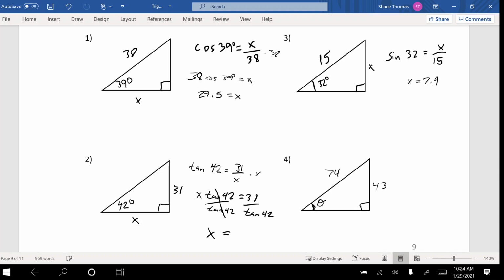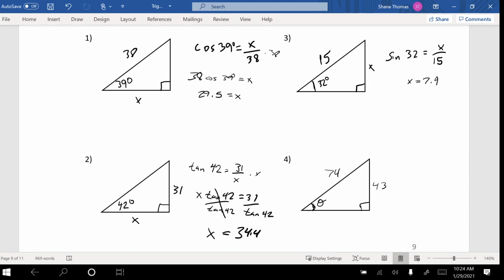So now x is equal to 31 divided by the tangent of 42. What's that going to equal? 34.4? I agree. 34.4.